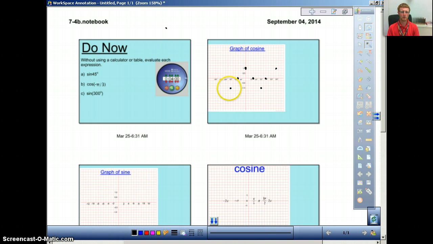And then you can kind of get the idea that this will be a smooth curve. And that's what a cosine curve looks like. Just remember, the cosine curve always starts at 1. How do we know that? Because the cosine of 0 is equal to 1. So that graph will always start at 1, and then it'll take its normal harmonic motion from there.